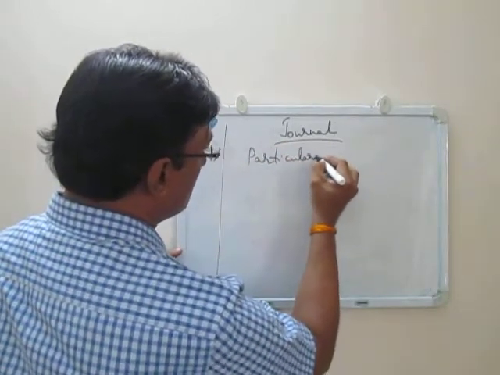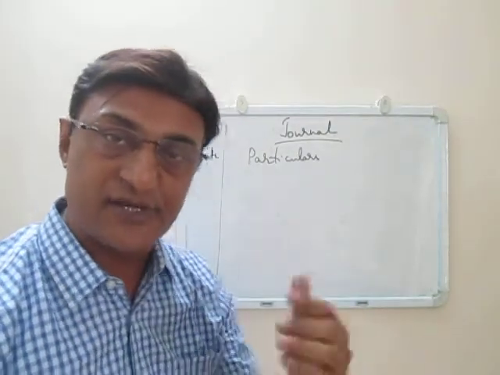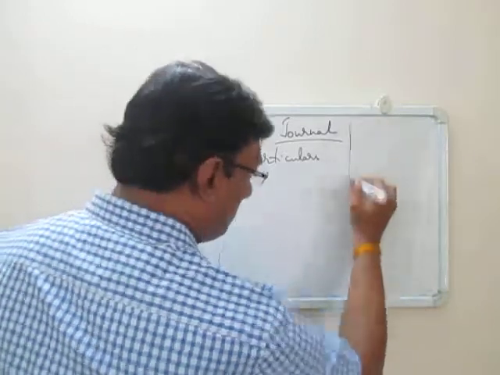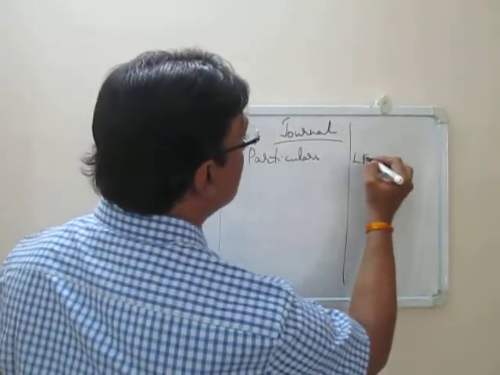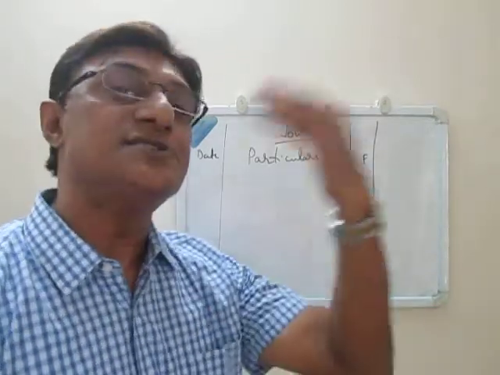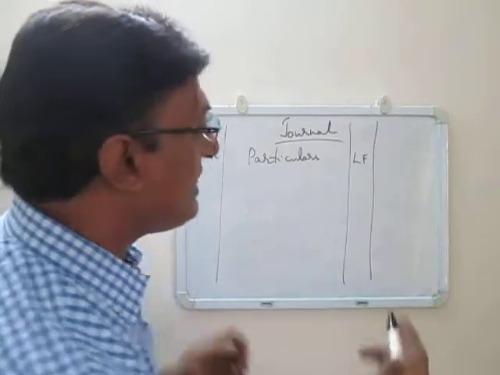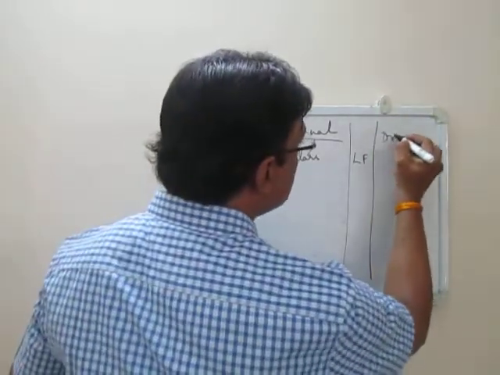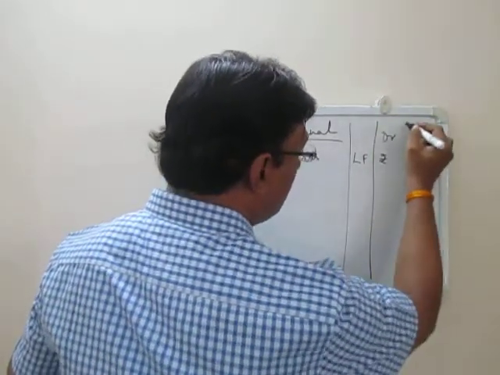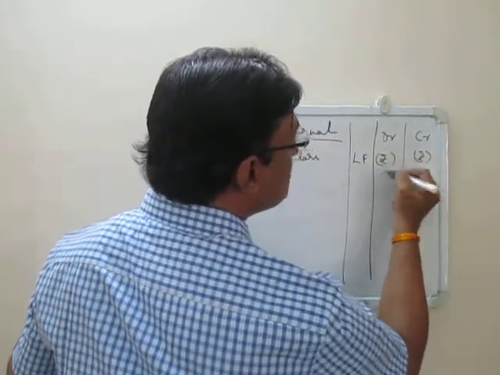I would like you to memorize this if possible. After some time it will become a matter of habit. Date, particulars, we have a column called the ledger folio. A reference in the next record of the next book called the ledger. Then we put in the debit amount and the credit amount in the currency denomination.